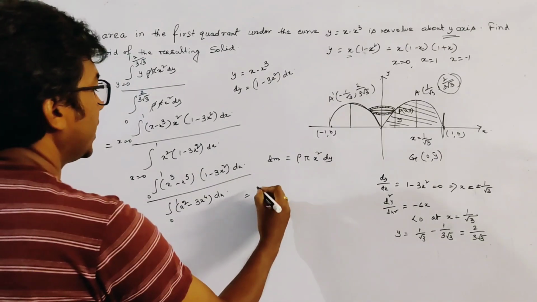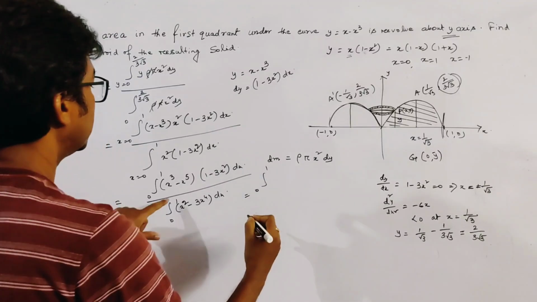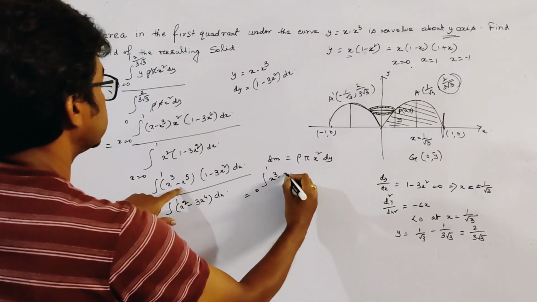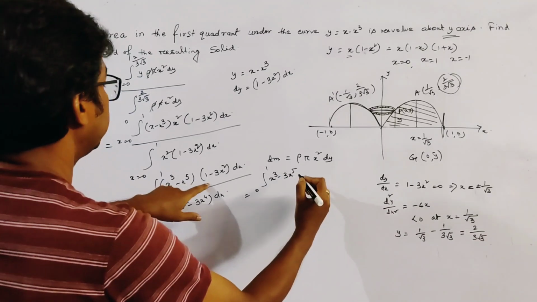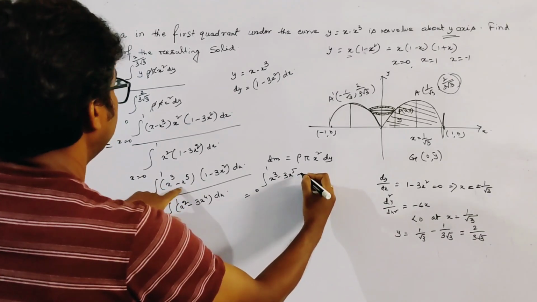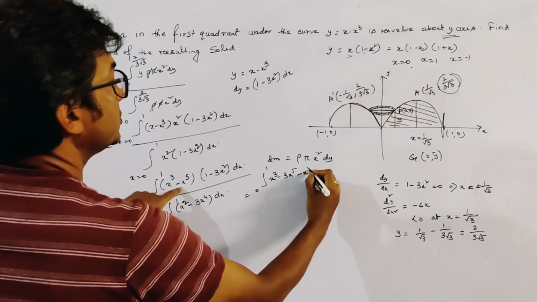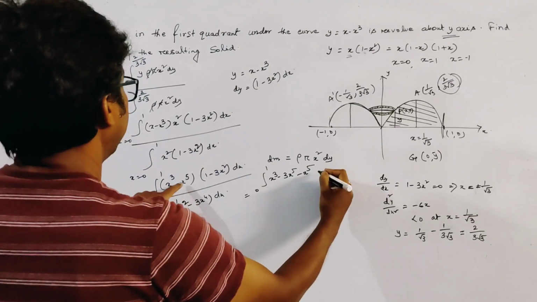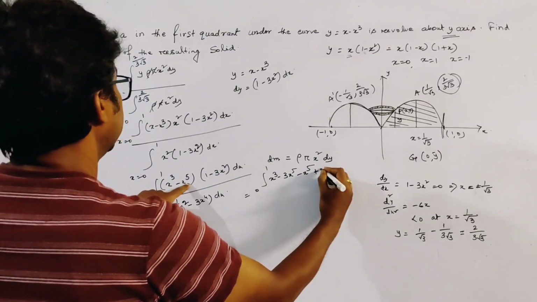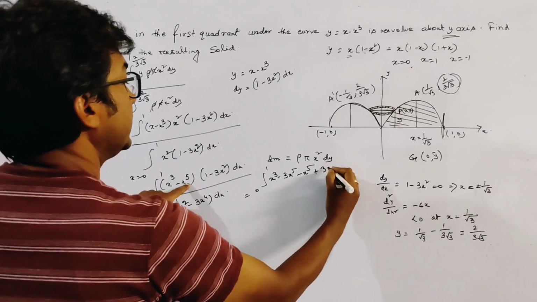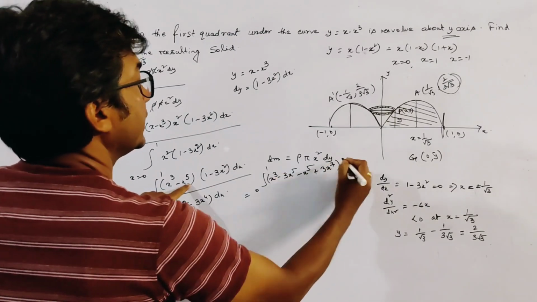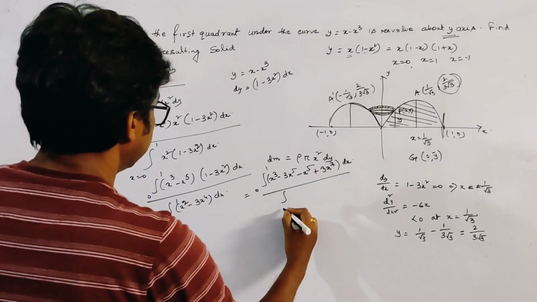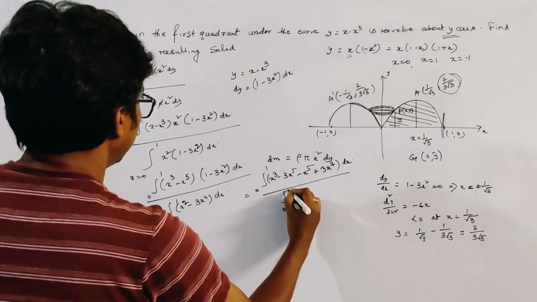Multiplying out the upper integrand, integration 0 to 1 of x cube minus 3 x to the power 5 minus x to the power 5 plus 3 x to the power 7 dx.